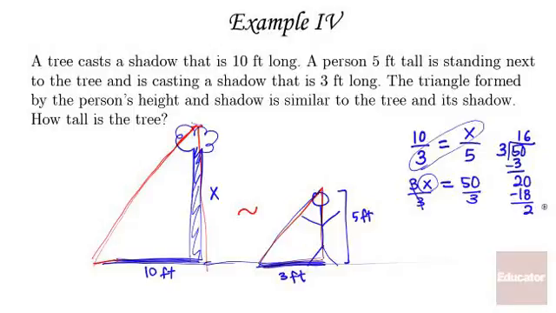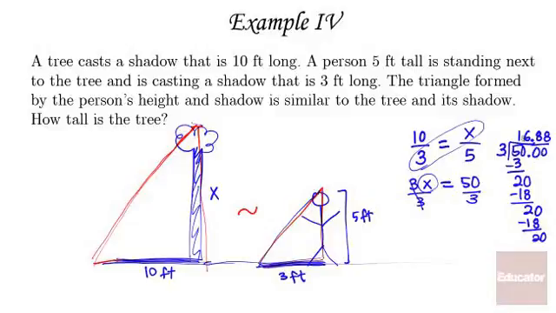I get 2. Okay, now that I have a remainder, I have to put my decimal point, bring down another 0. 3 goes into 20 again, 8 times, so 18 again, 2, another 0, so 8.